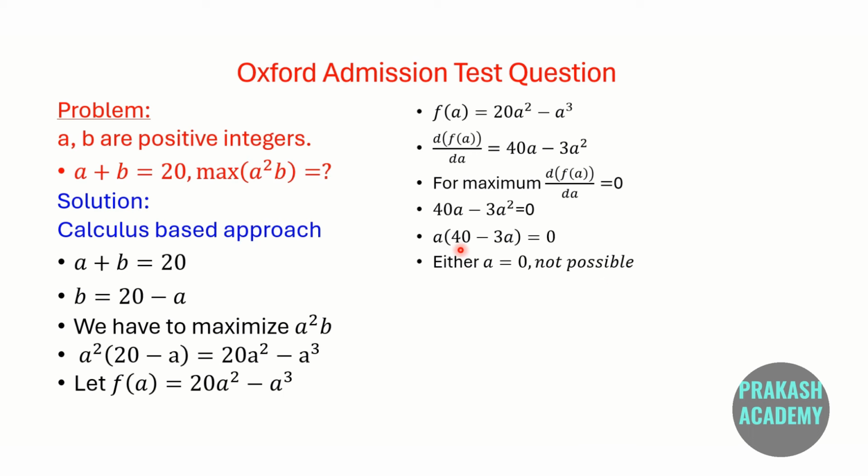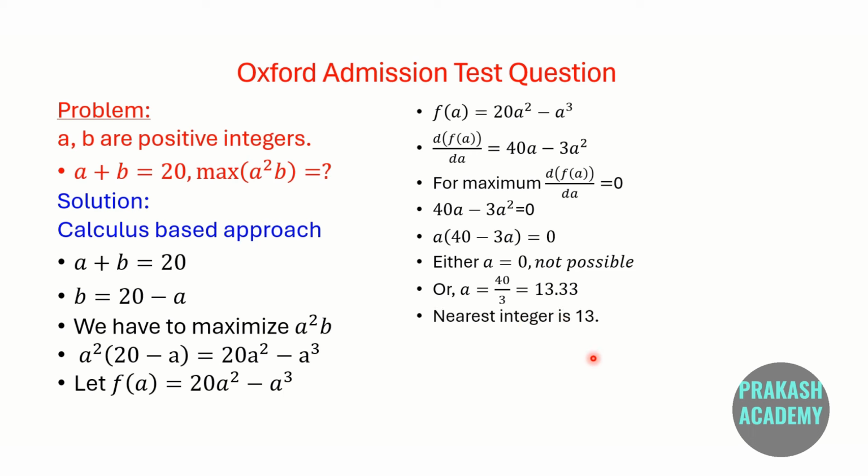So the second solution will come from here. That is 40 minus 3a is equal to 0. This means a is equal to 40 divided by 3. And 40 divided by 3, that is 13.33. So now this is not an integer. A and b are positive integers, but here I have a fraction. So this means I have to take the nearest integer.